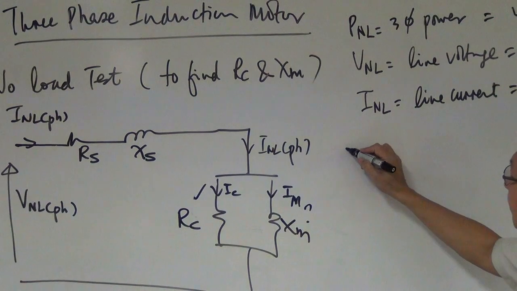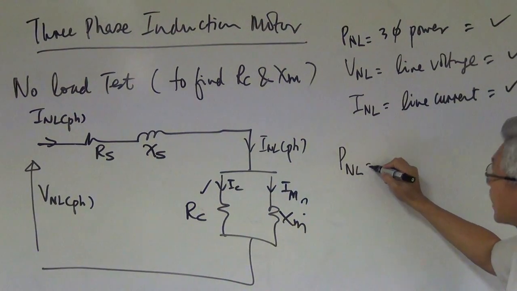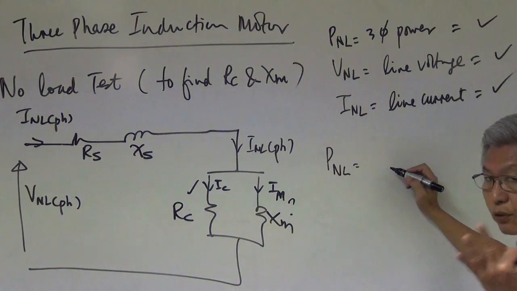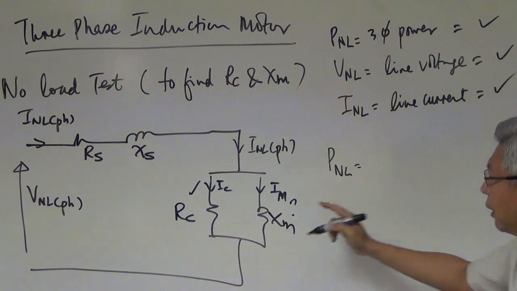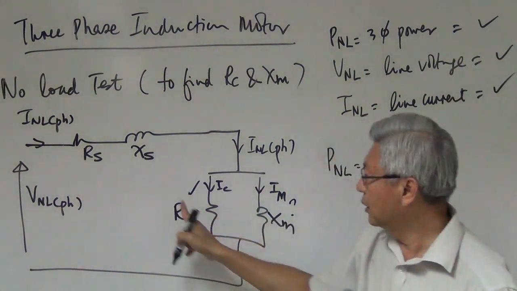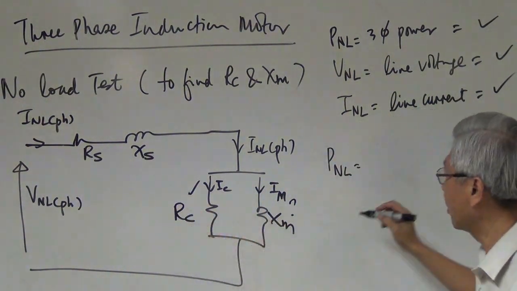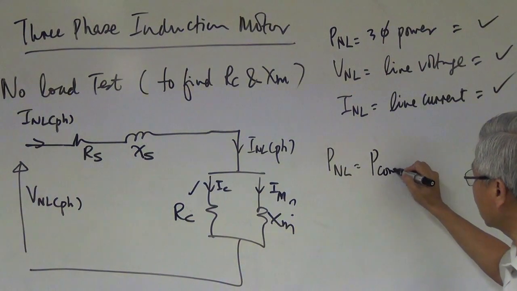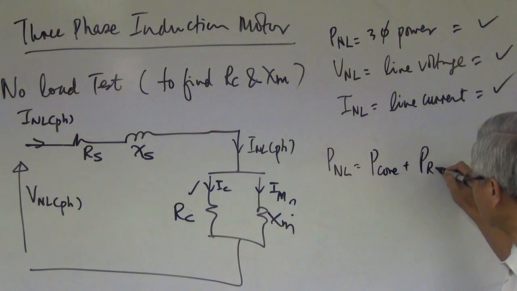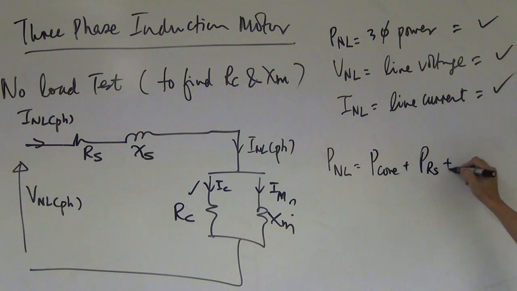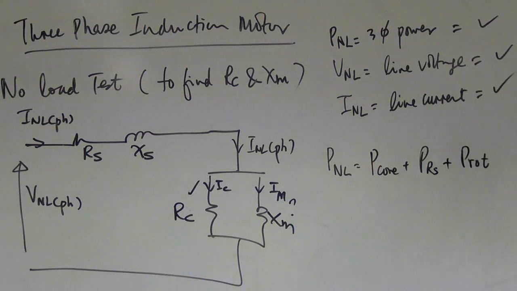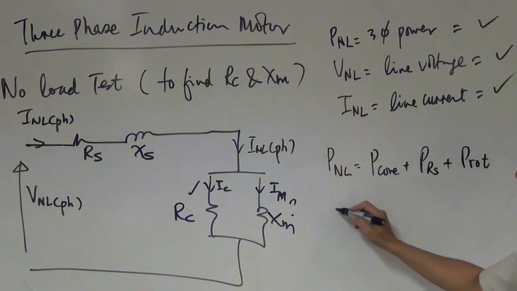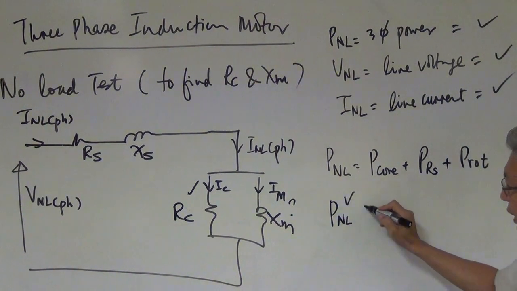Then you start off the method by saying that the power that I measured is a 3-phase power that consists of 3 types of power. What are the 3 powers? The core loss, the stator loss, and the rotational loss. So it's the core loss power plus the stator loss power plus the rotational loss power. Okay, and this is the power meter reading I get.